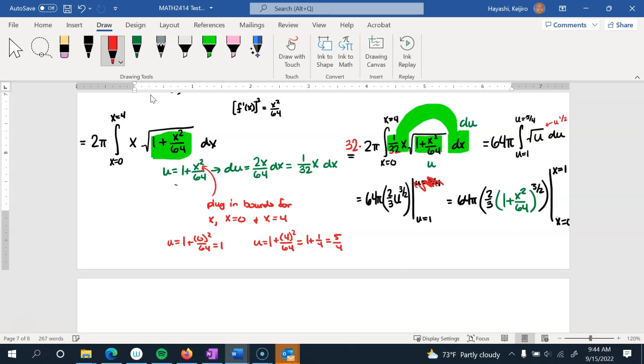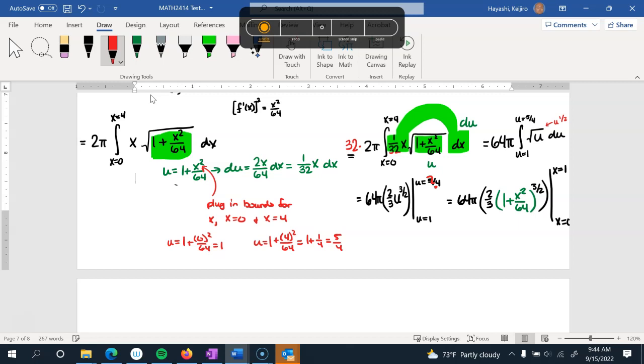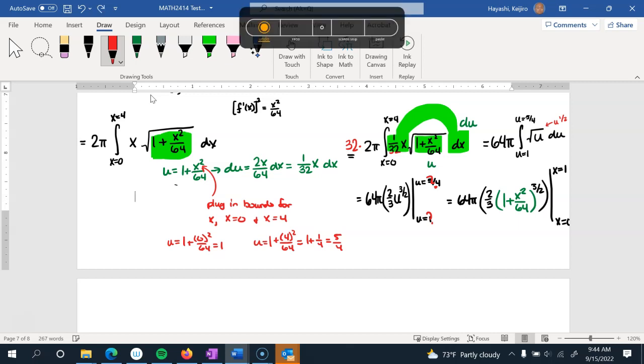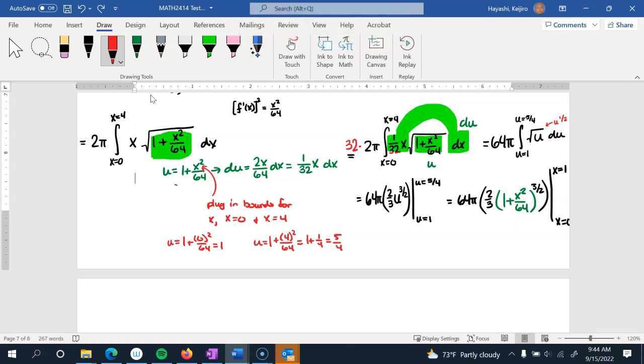You don't have to have them. You can just say, oh, I don't actually know what these are, I'm just going to wait till I change it back in terms of x and then just use x equals 0 and x equals 4. But I just wanted something there. At no point do you have to find out your bounds for u. But even if you change it back into terms of x, you're going to be plugging in 0 into 1 plus x squared over 64 and plugging in, yeah, sorry, this shouldn't be 1, this should be 4.